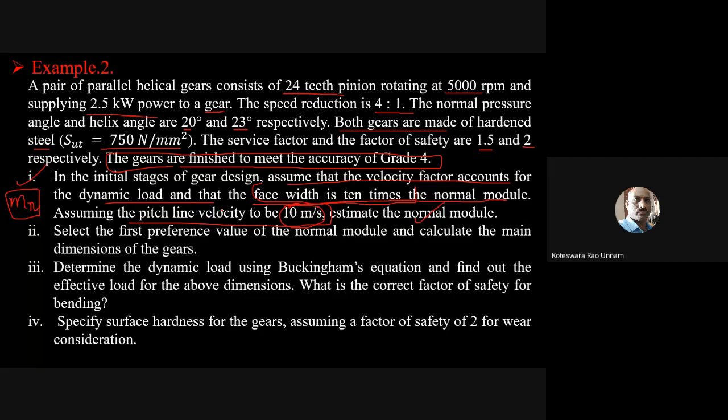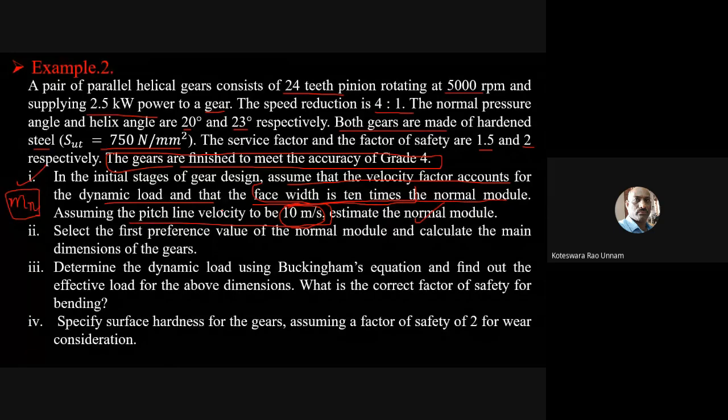In the table, 28.3 or something like that he has given. So from the table, you have to choose the module value only from the first choice or first preference value. Then the third part of the question is: determine the dynamic load using Buckingham's equation and find the effective load for the above dimensions.